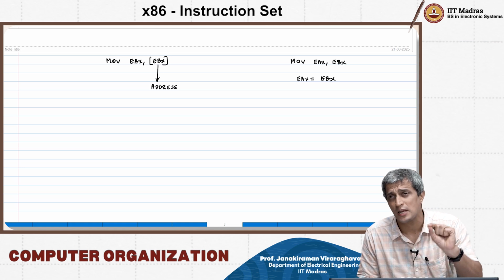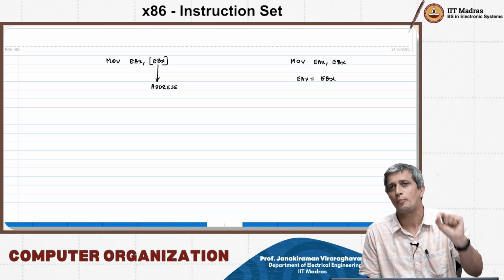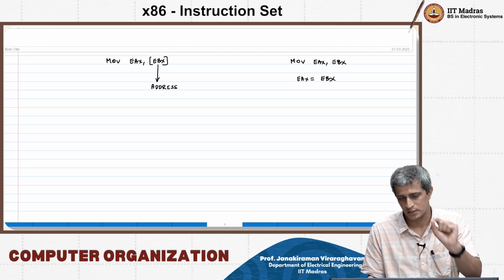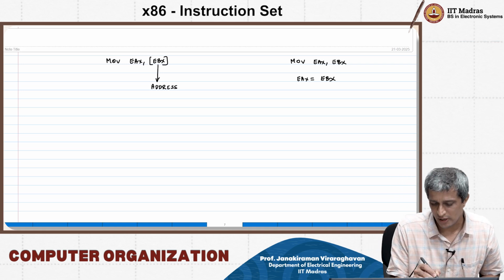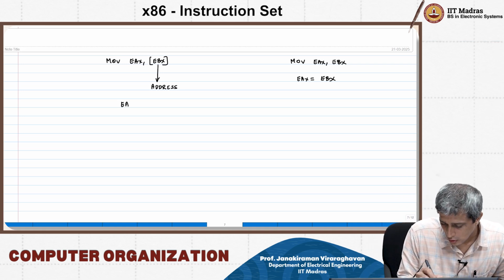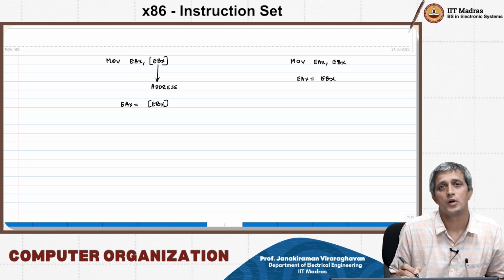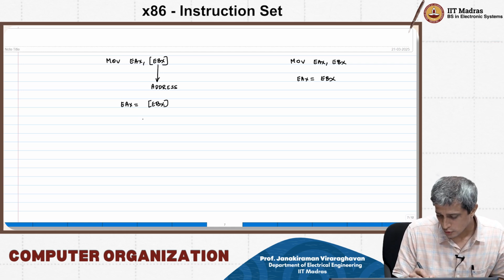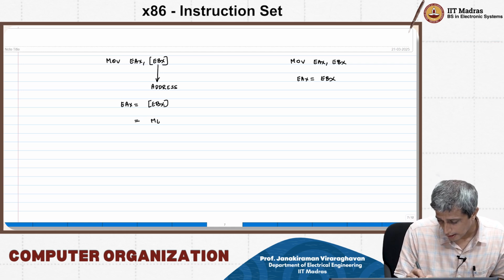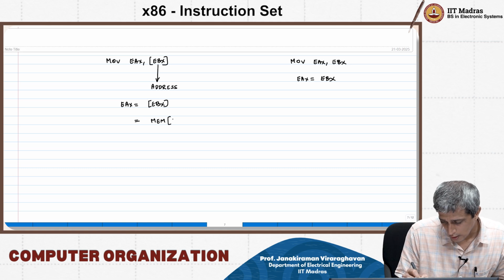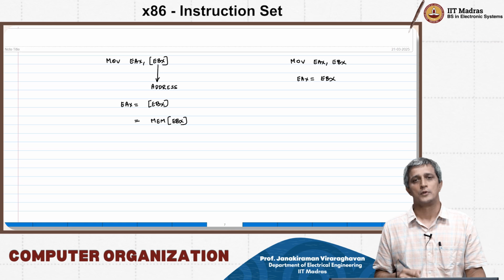This is purely an internal operation as far as the microprocessor is concerned. On the other hand, when we say EAX equals contents of EBX, it means this is actually going to the memory and getting you the contents at EBX.